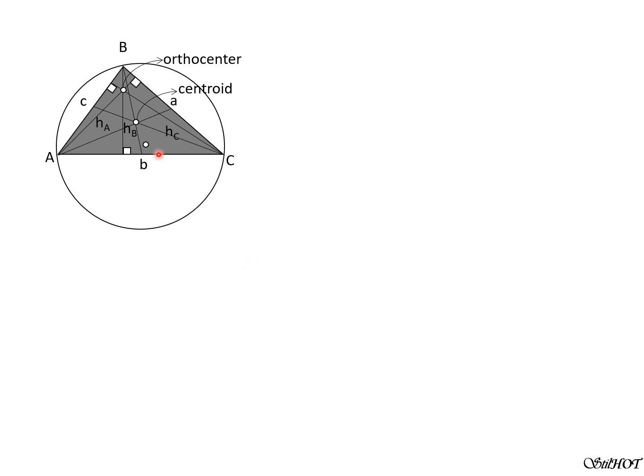To locate this, we locate the midpoints of the sides first, then draw lines perpendicular to those sides. Then they meet here, called the circumcenter. And notice that all these three points lie on the straight line called Euler's line.